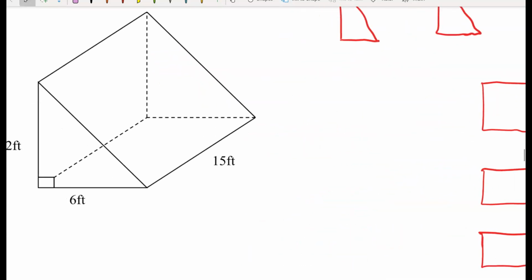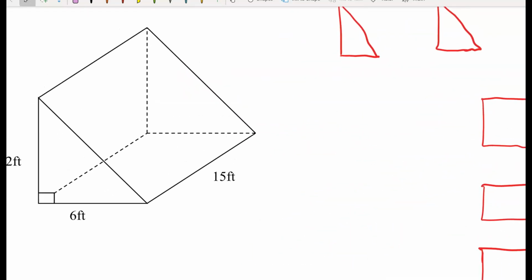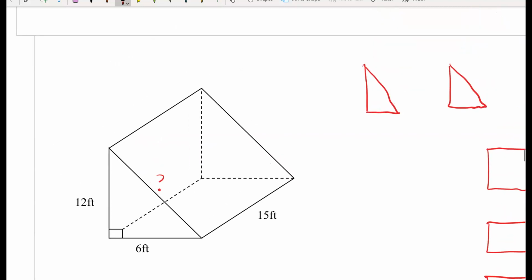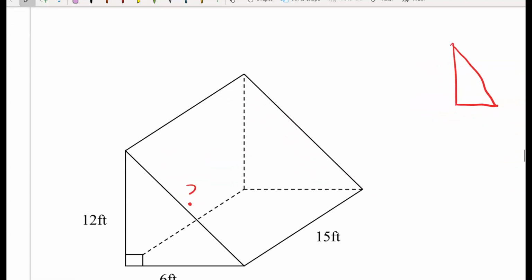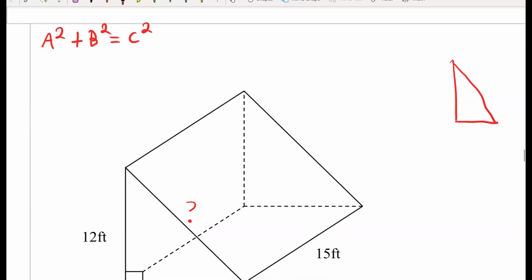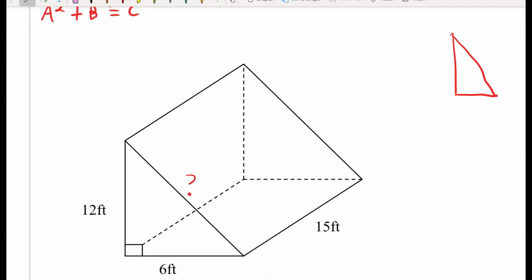In order to calculate all the surface area, the first thing that we need to do is calculate our hypotenuse, because right now we're missing a length that we need to calculate. So in order to calculate this, we need to do a squared plus b squared equals c squared. So we're using Pythagorean theorem to solve for our hypotenuse.